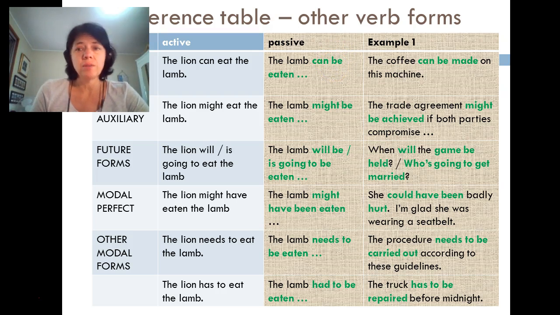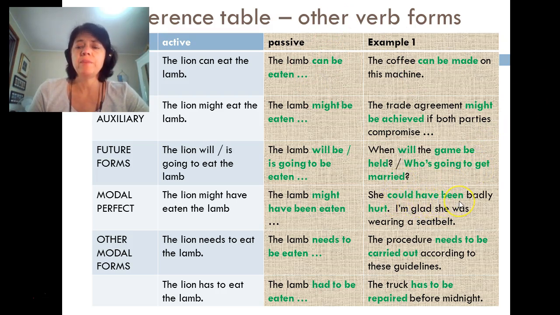Let's read the column on the right. The coffee can be made on this machine. The trade agreement might be achieved if both parties compromise. When will the game be held? Who's going to get married?